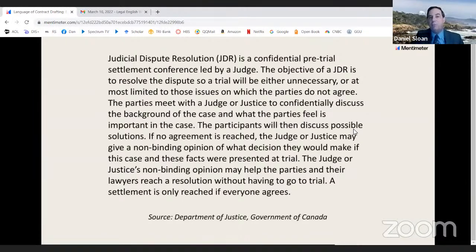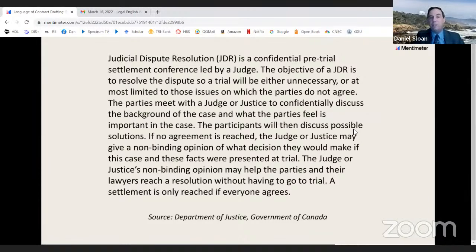So a trial will either be unnecessary or at most limited to those issues on which the parties do not agree. The parties meet with a judge or justice to confidentially discuss the background of the case and what the parties feel is important in the case. The participants then discuss possible solutions.